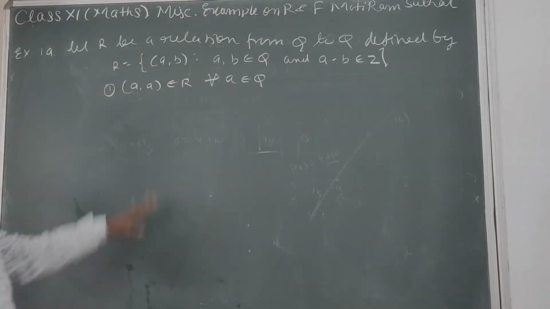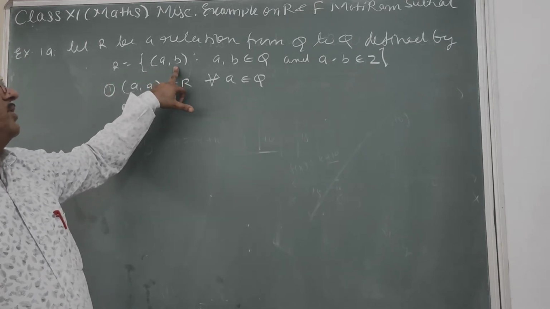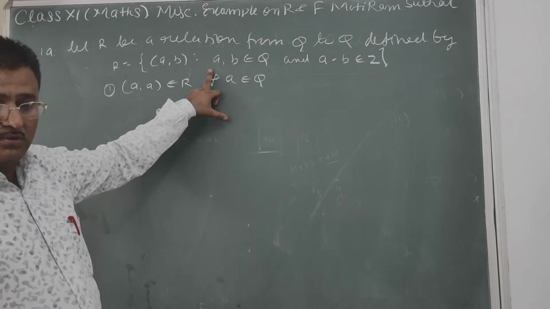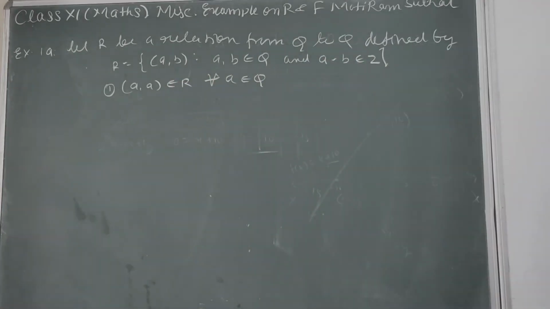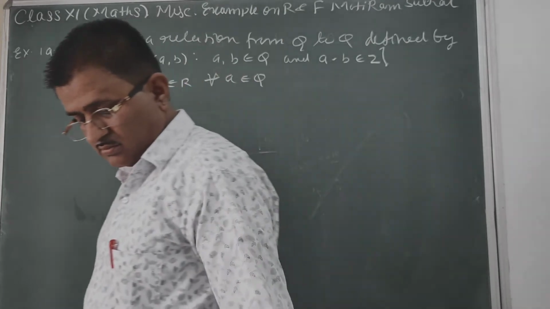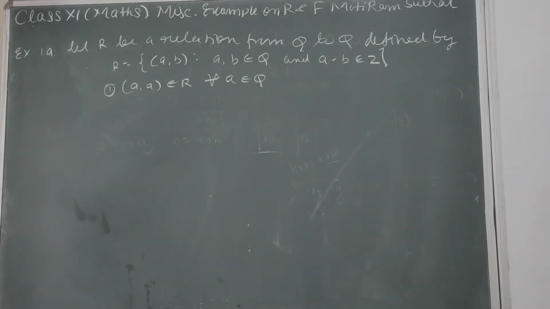See, here the relation R is given: ordered pair (a, b) such that a, b both should be in Q and their difference should be in Z, where Z means integers.